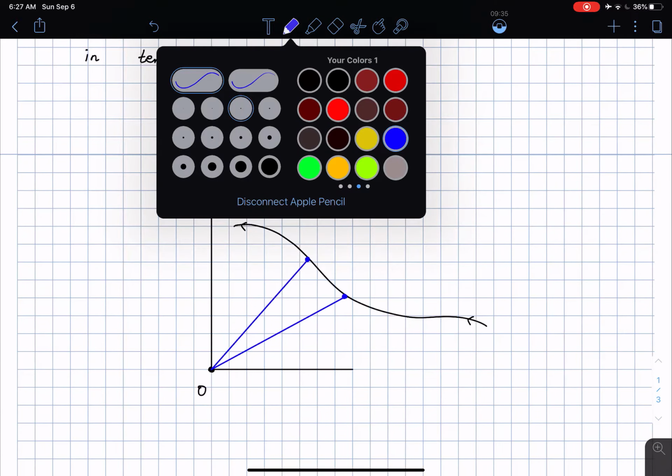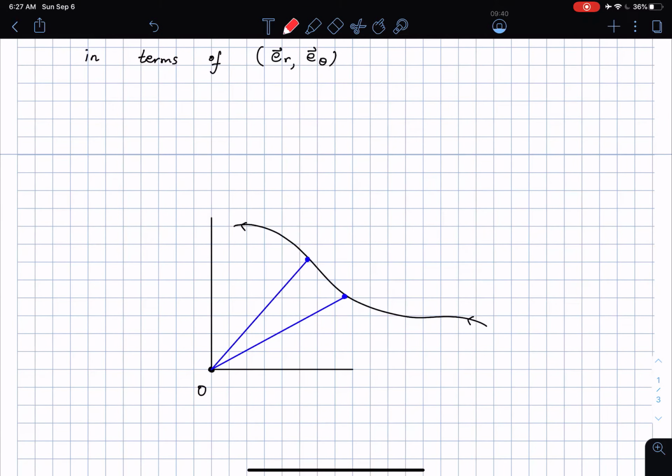I'm going to have unit vectors drawn in my frame here: first the unit vector in the direction of E_r, and an E theta which is perpendicular to that.